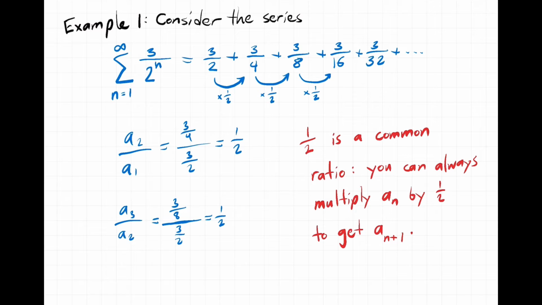That is true no matter what n is. You can multiply a1 by 1/2 to get a2. You can multiply a2 by 1/2 to get a3, and so on. This is the key characteristic of what we call a geometric series.